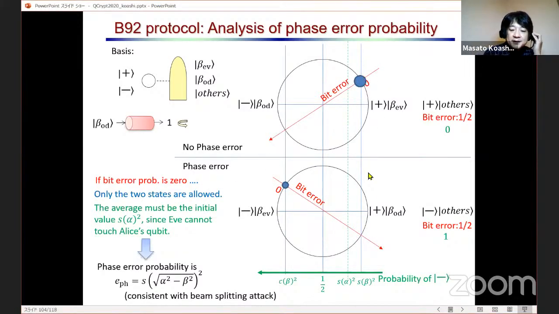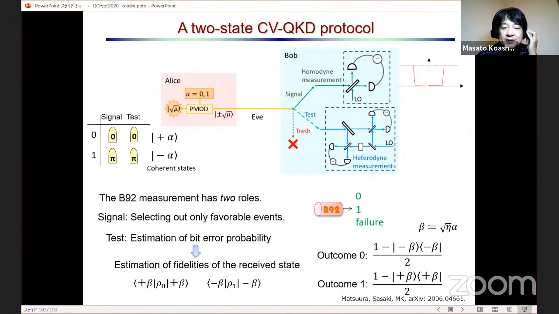And this is what the CV measurement lacks. In the case of the B92 protocol, this measurement in the test mode gives the estimation of the bit error probability. This is the second role of this measurement.